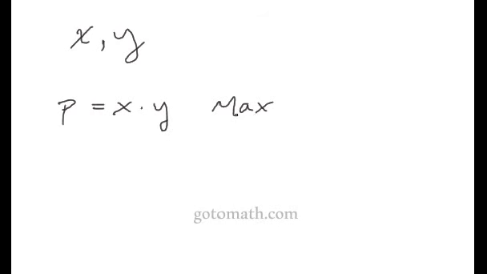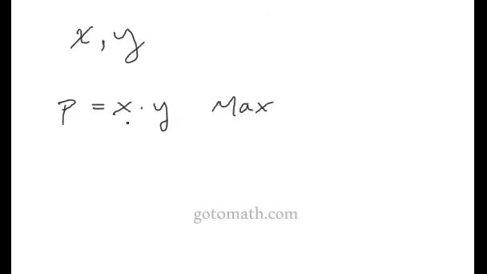All right, so we want to let our two variables be x and y. So here are our two positive numbers, x and y. Let's set up the primary equation, and we're going to let P be the product of x and y, and remember we're looking for a maximum, so I'll shorten it to max there.